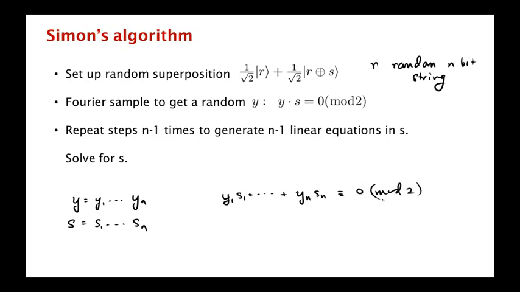And now we are going to repeat this process n minus 1 times. So we get n minus 1 such linear equations. Let me call this the first linear equation, and this is the n minus first linear equation.